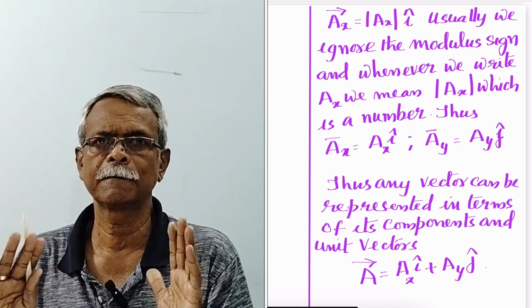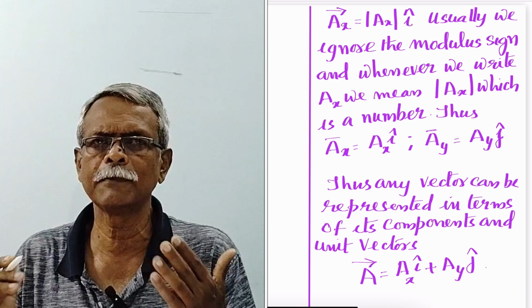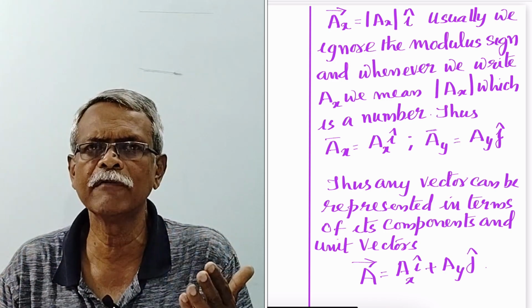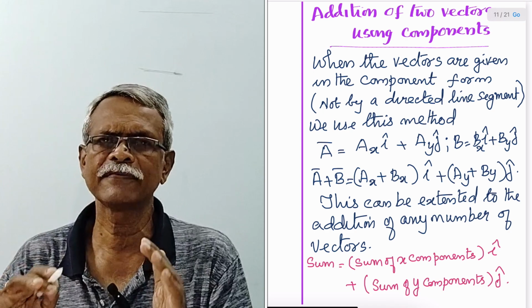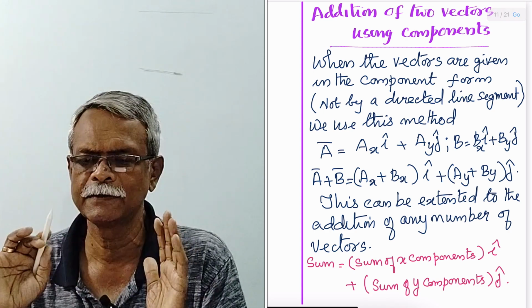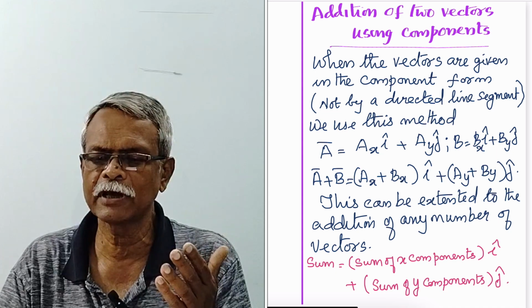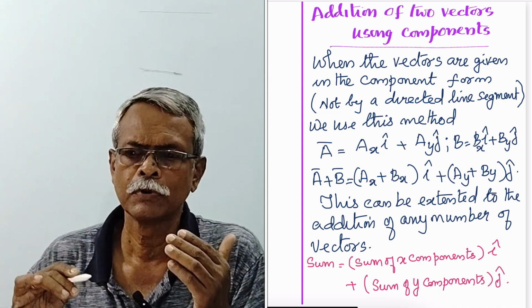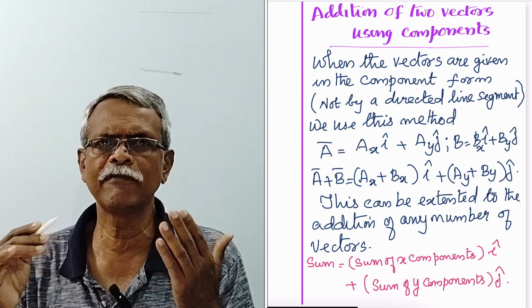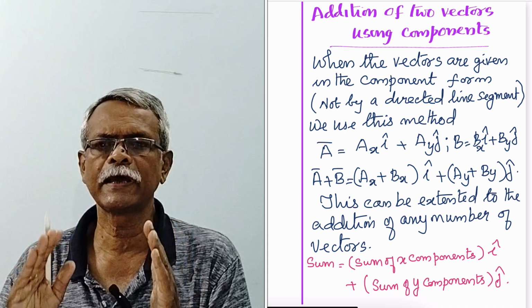Using this procedure, most of the time in problems, the vectors will be given in this component form instead of as a directed line segment. Component form means you are given a vector A, which is Ax i plus Ay j.